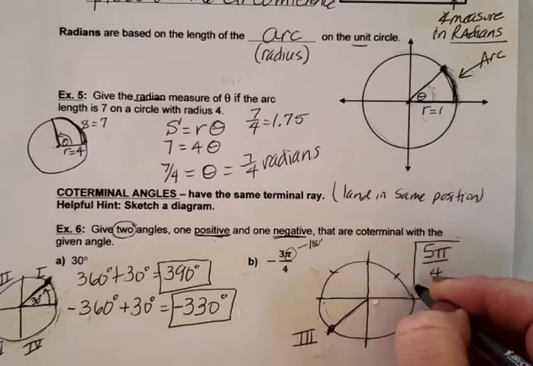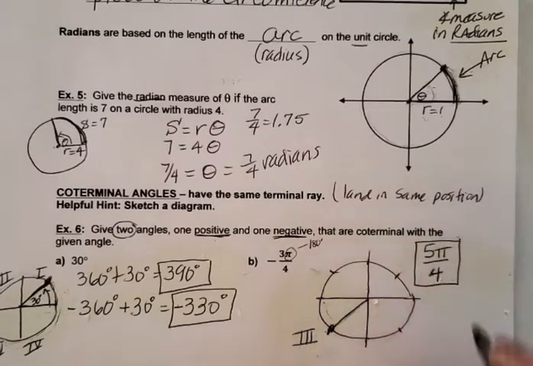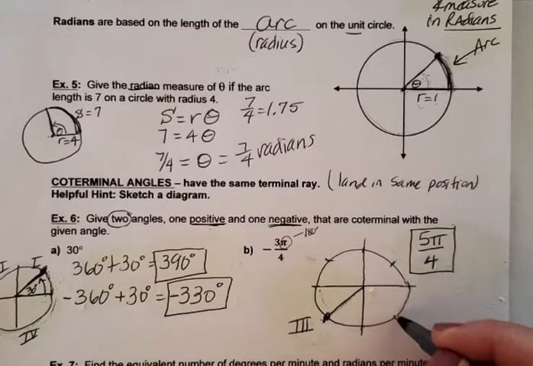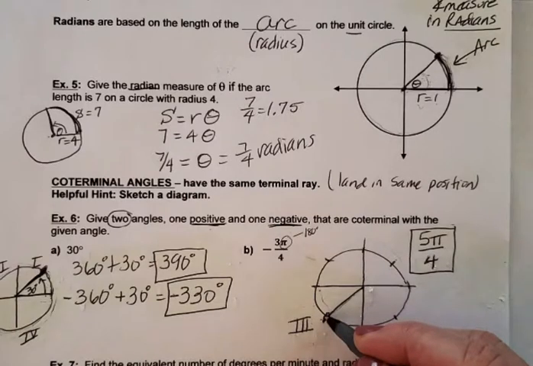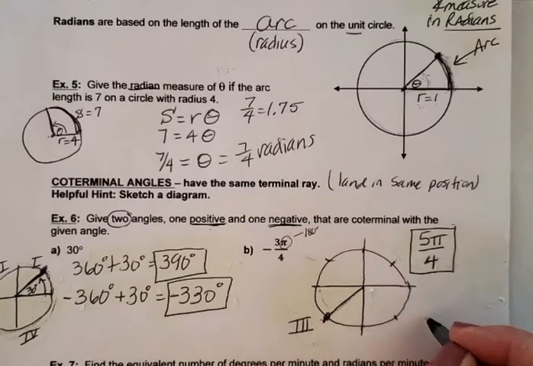So that's my positive angle measure, 5 pi over 4. Let's find a negative angle measure, going this way. That would be 1/4 of pi, 2/4 of pi, 3/4 of pi, clockwise, right?